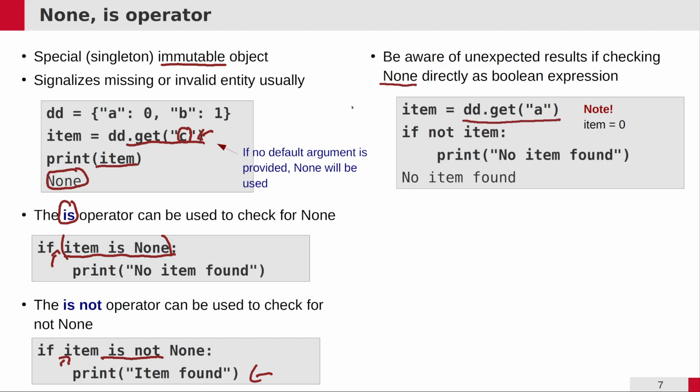If you are getting the key A from the dictionary, the key A actually exists, right? So Python will give you as a return value the corresponding value 0. The corresponding value 0 is then stored in item.